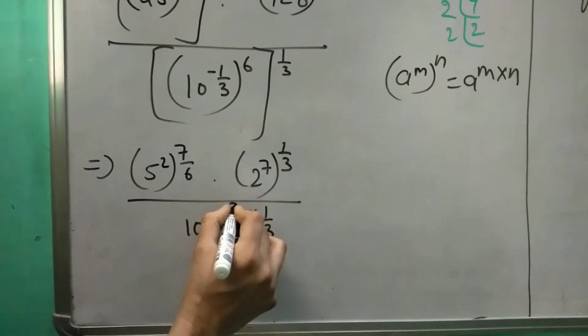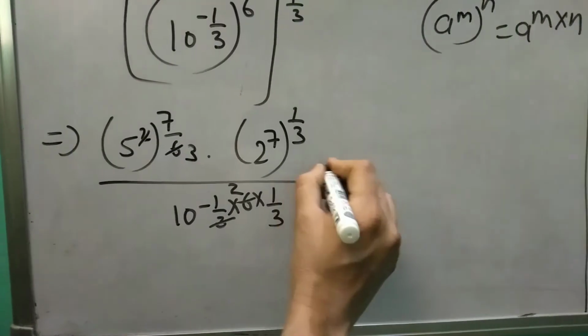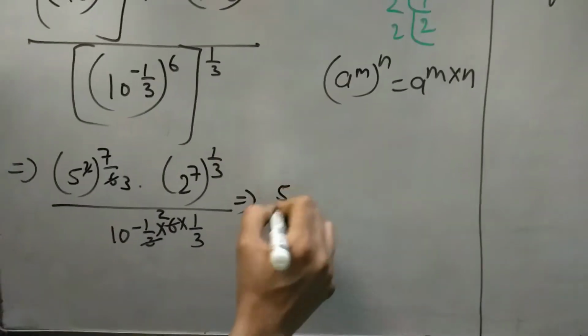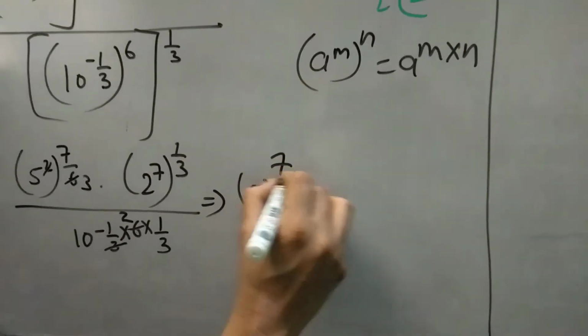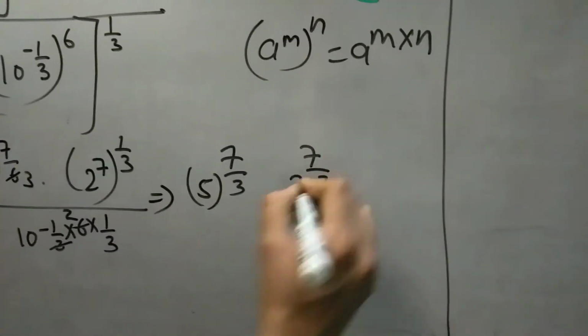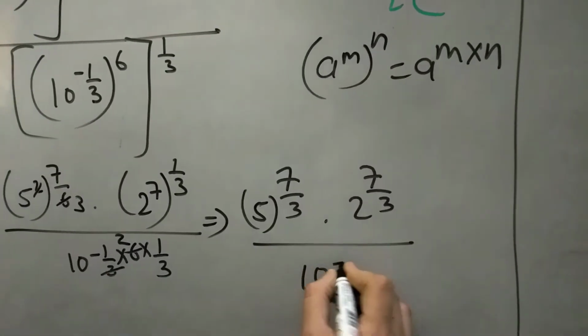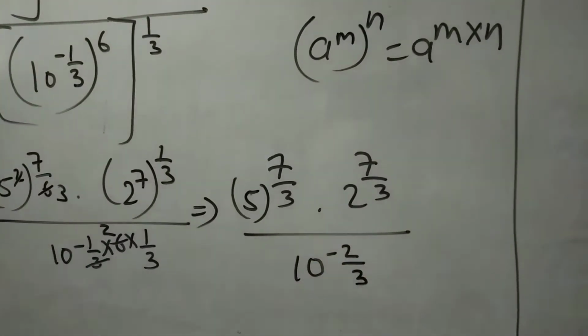3 twos are 6, 2 threes are 6, so 5 to the power 7/3, 2 to the power 7/3 upon 10 to the power minus 2/3.